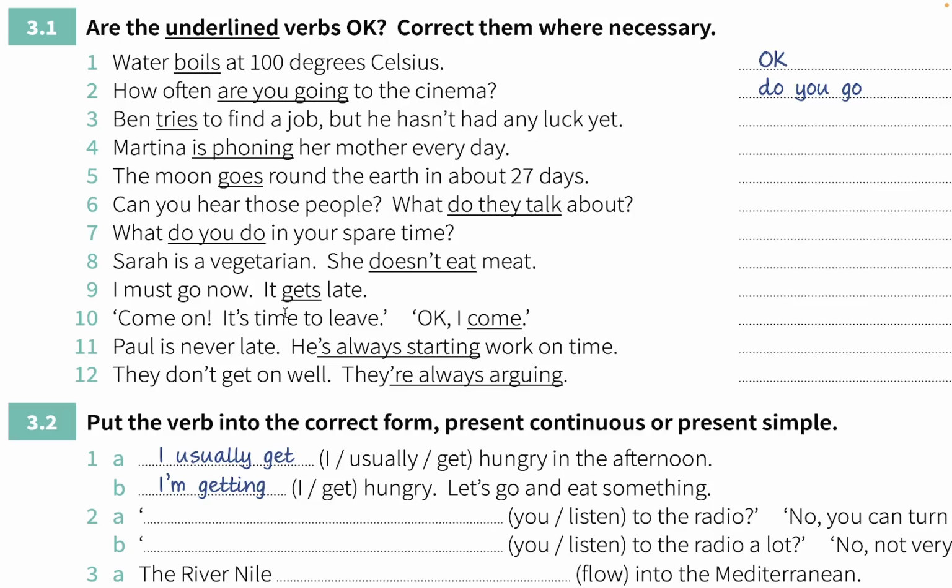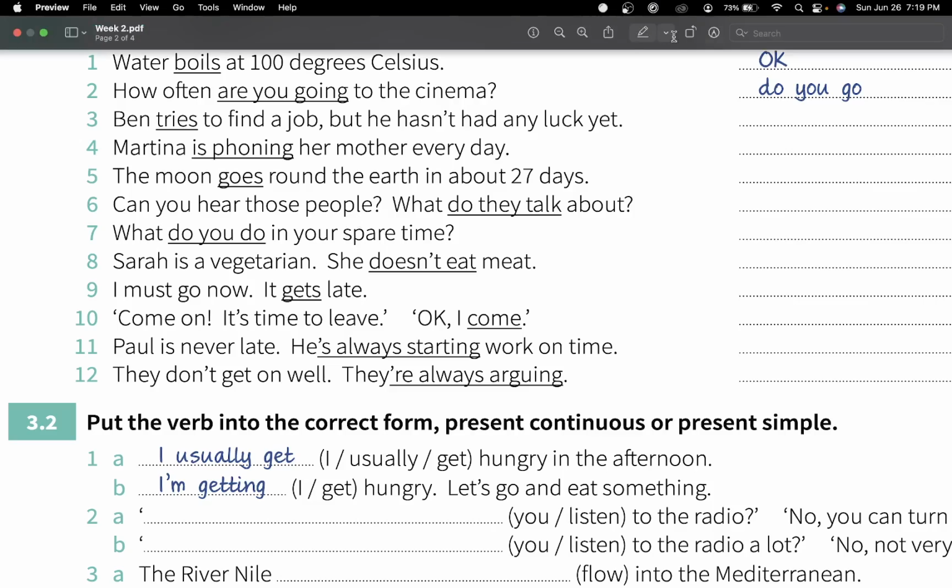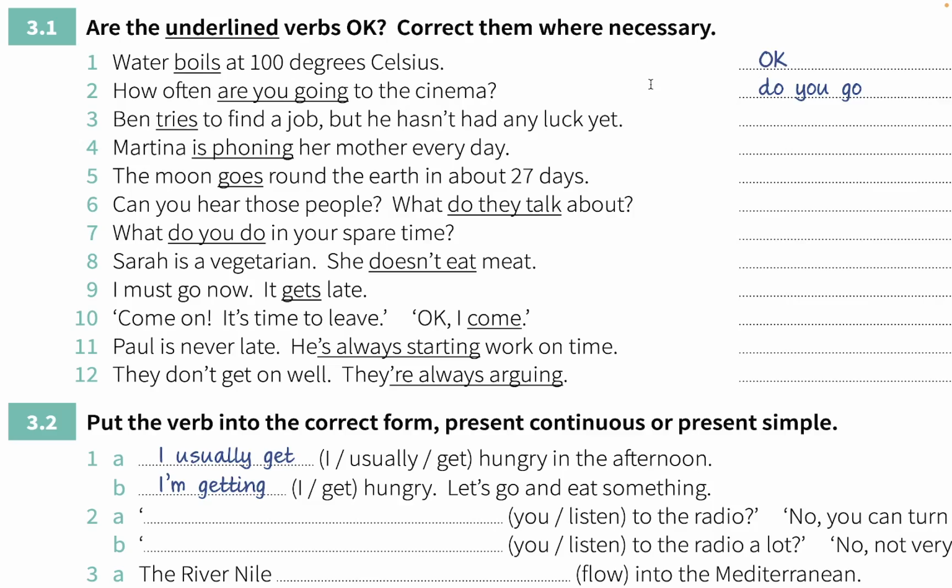It's trying, right? So Ben is trying. Let me write it. So here, Ben is trying. Okay. Do you guys get it? Or is it unclear?